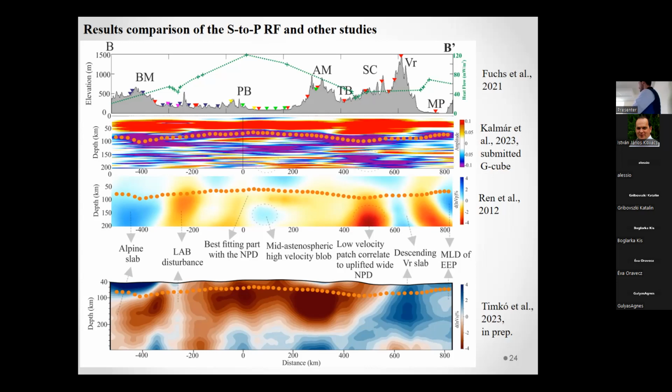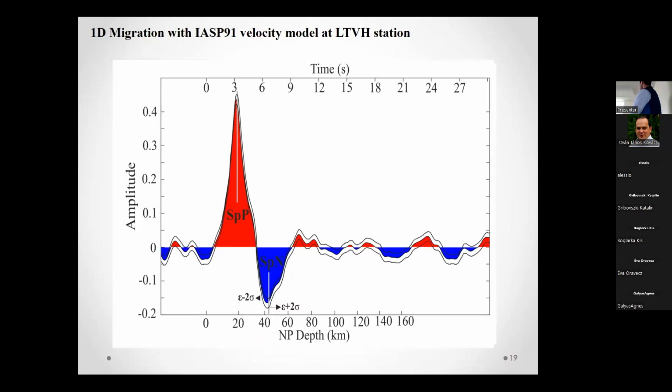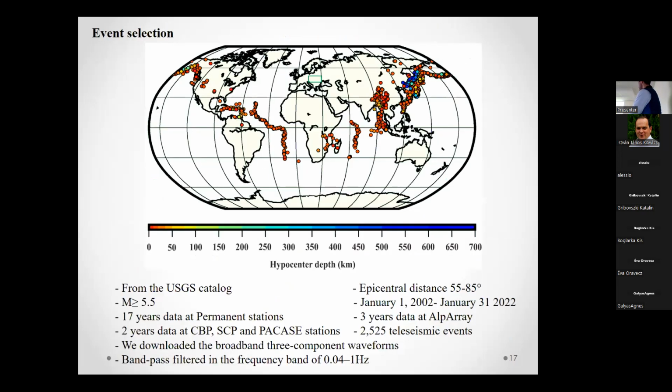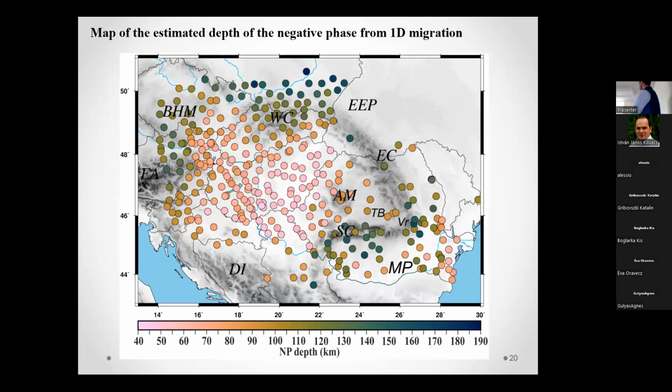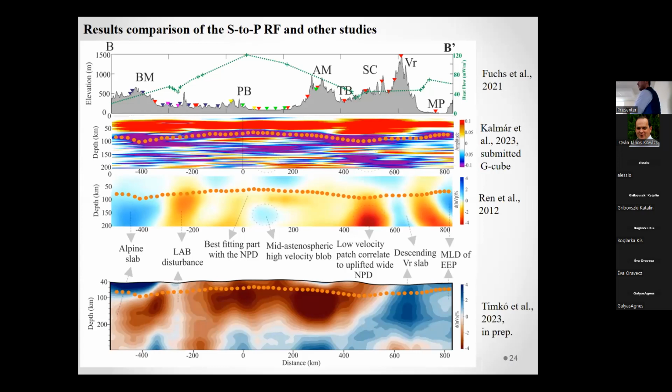And if it's real, what might be the storyline? I don't know exactly, but maybe this is an effect of the Small Carpathians arch. Okay, maybe. Because it looks a little bit odd to have something like that. Anyhow, it's just an observation.